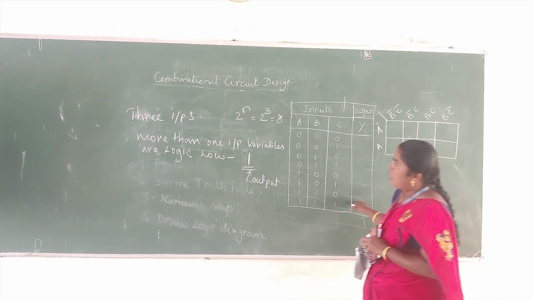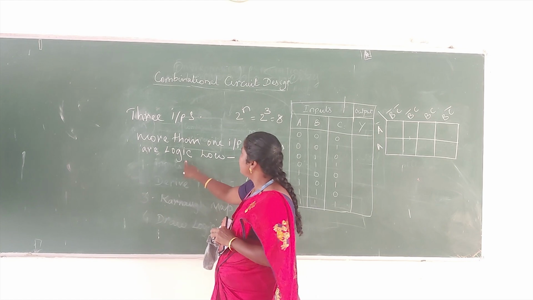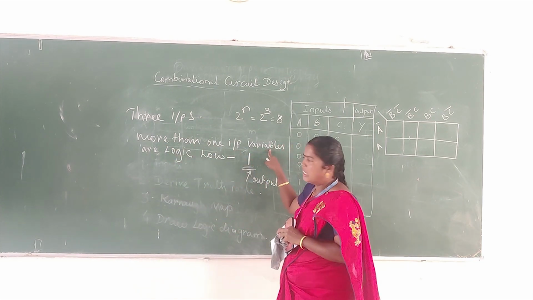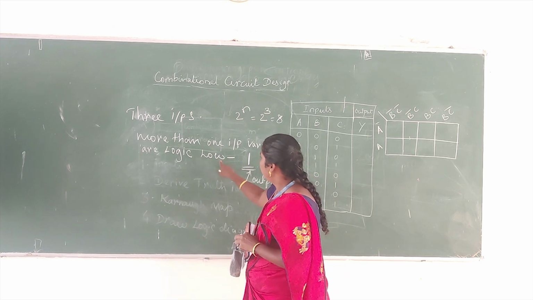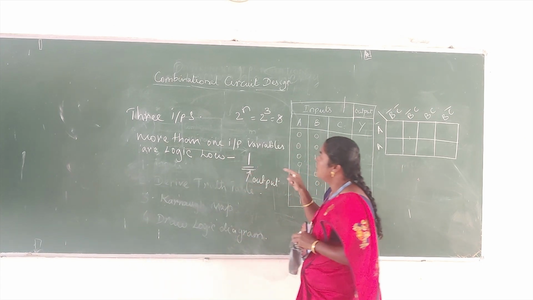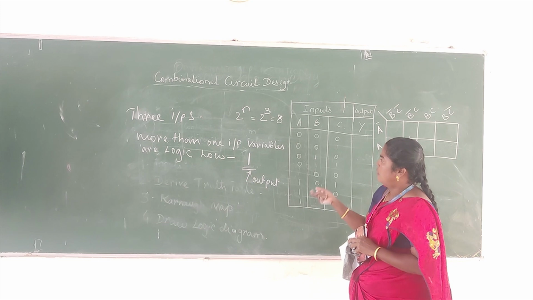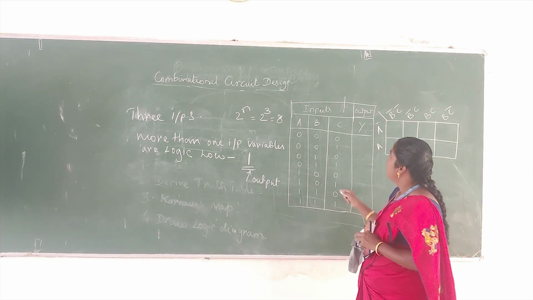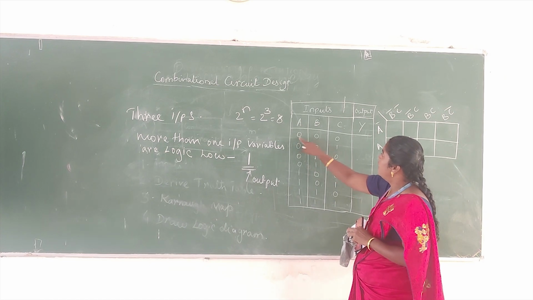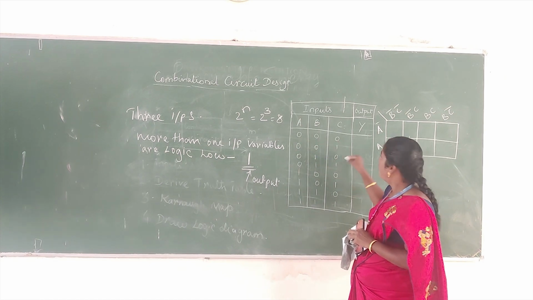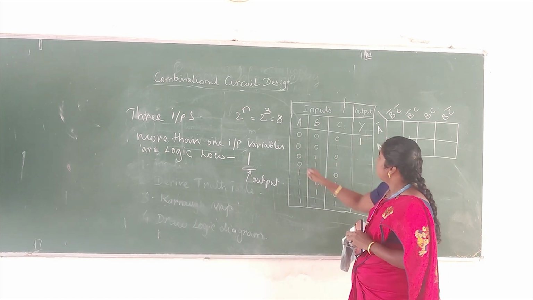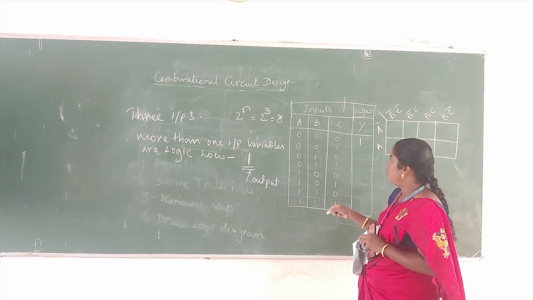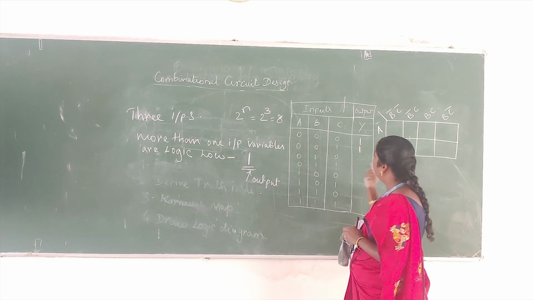Okay, so the given condition is that more than one input variable is logic low. Low means 0, so more than one input being 0 means the output is 1. For the first combination we have 3 zeros, so the output is 1. For the second combination we have 2 zeros, more than one 0, so we get output 1.